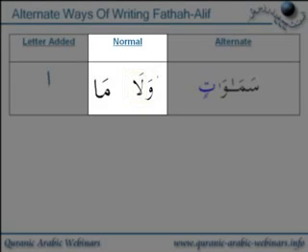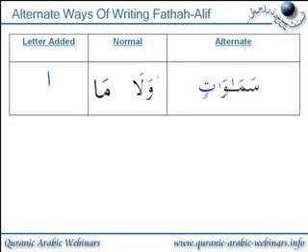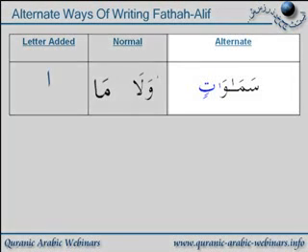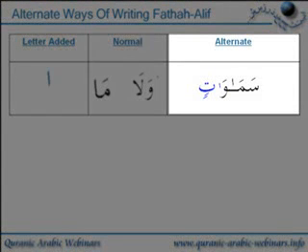Both the ma and the la are two long because they're fatha followed by the alif. Another way of writing it, here in the column which we've written alternative, which means another way, we have sa, ma, wa, tin. So the ma and the wa are both double length, they're two long.